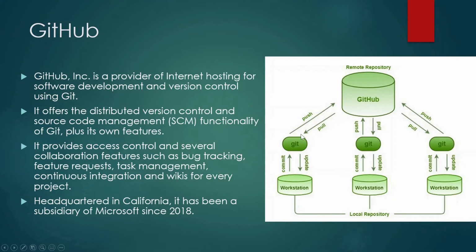They pull the code and then the code comes on their workstation. At the same time, someone else is also doing the same thing and the third person is also doing the same thing. Now once this person makes some changes to his code, he can commit, as you can see over here, using Git, and this will be pushed to the GitHub repository.